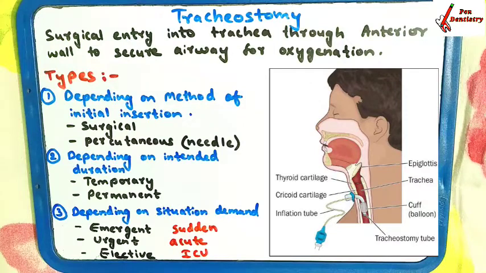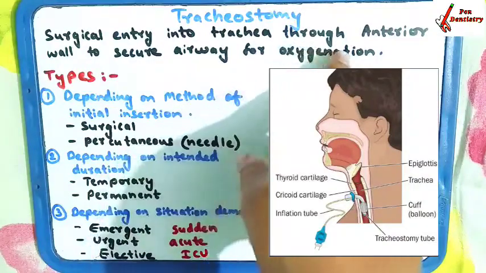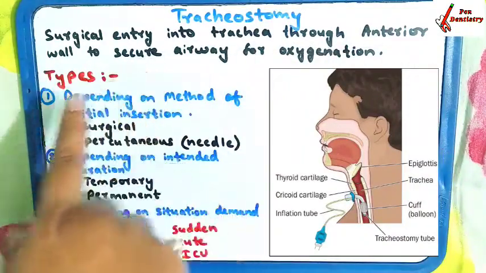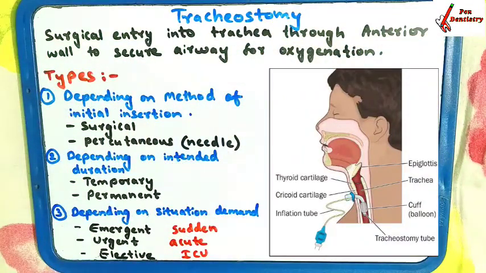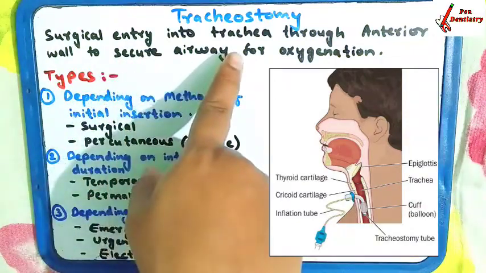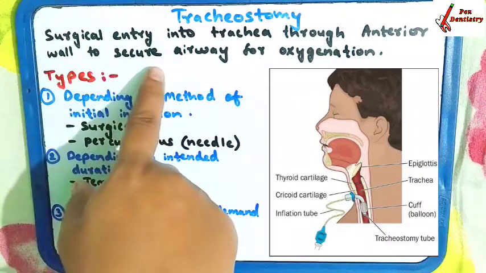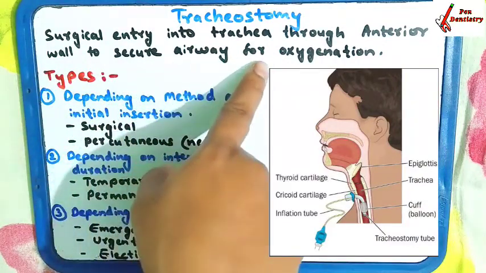At that time you provide the airway via the trachea, that is tracheostomy, a surgical entry into the trachea through the anterior wall to secure the airway for proper oxygenation.